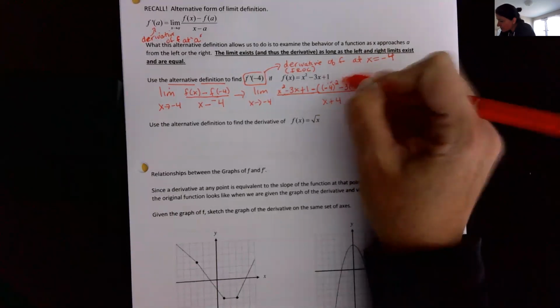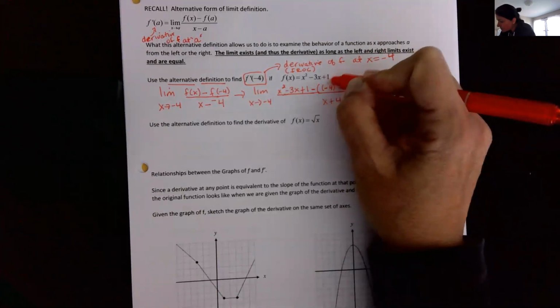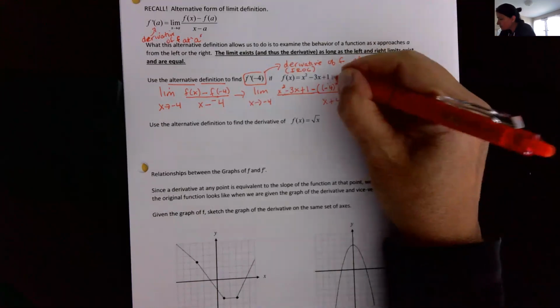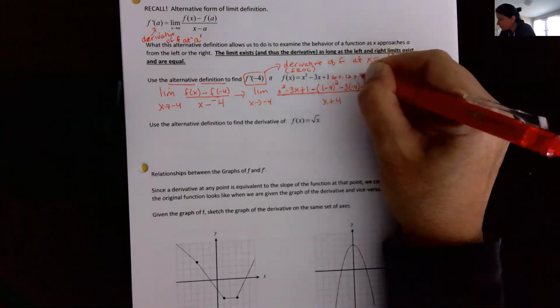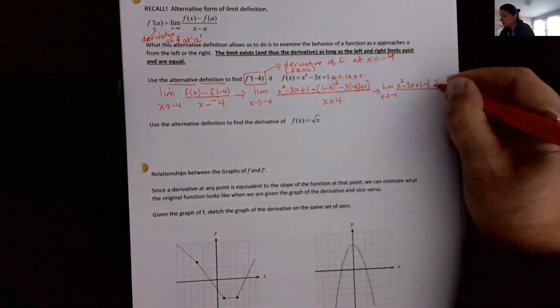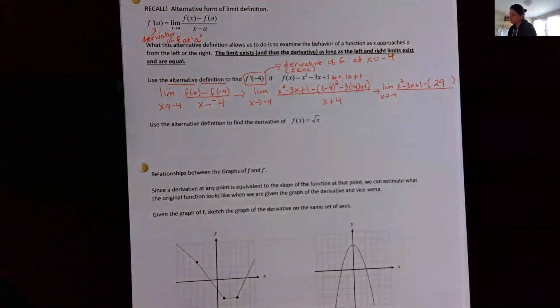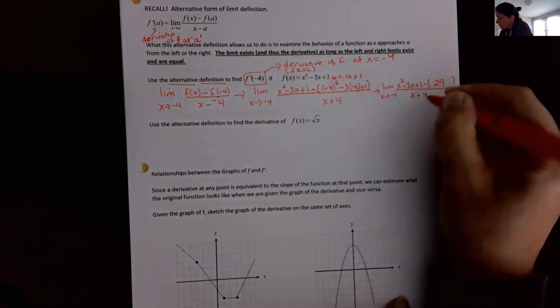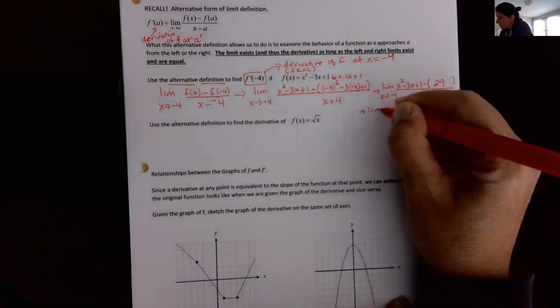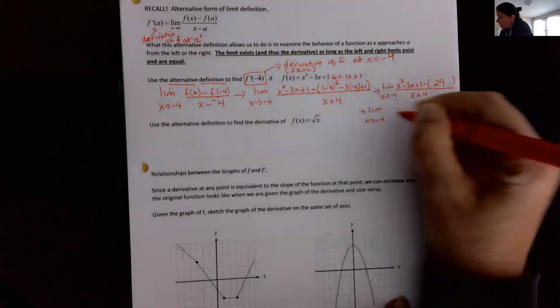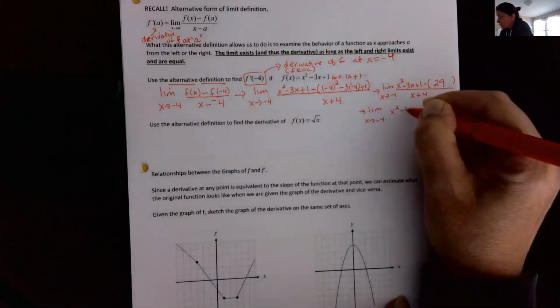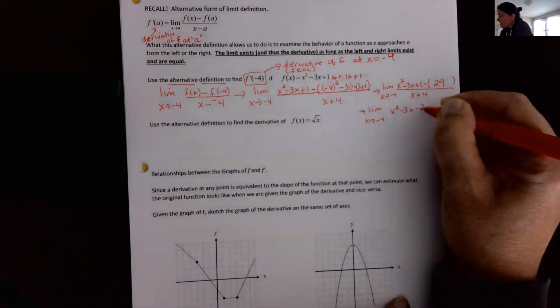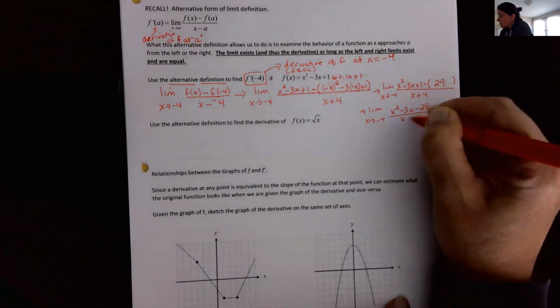So it's 16 plus 12 plus 1. Right? And that's 29. So I have, and that's over x plus 4, of x squared minus 3x minus 28 over x plus 4.